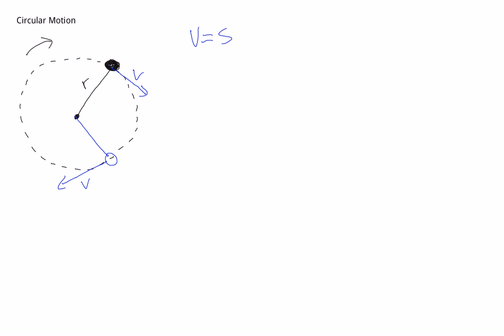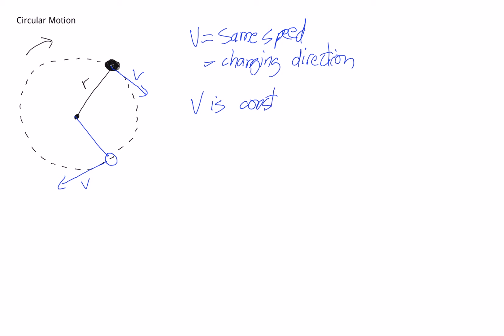Even though it has the same speed, if we're spinning this thing around and around at the same speed, we do have changing direction. And remember, velocity is a vector, so if either the speed or direction changes, that means the velocity is changing. So velocity is constantly changing.